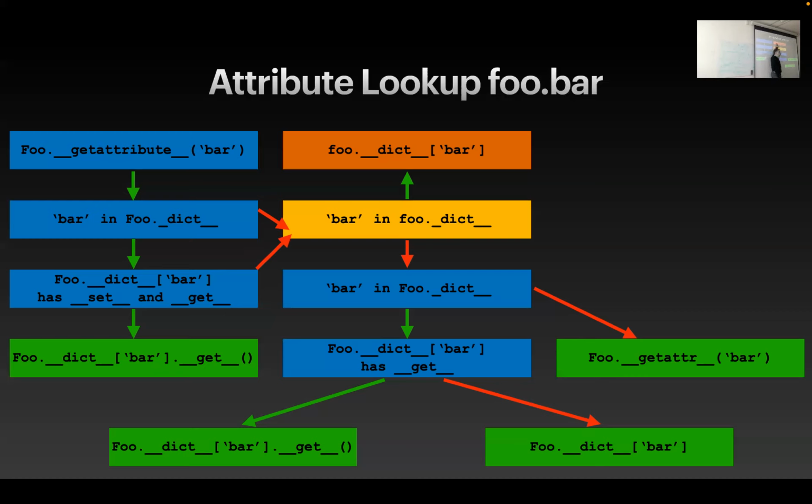This is happening at the instance level. This is happening at the class level. So just to make sure you understand this: the important thing to remember is that these are called data descriptors, the ones that you have set for. Data descriptor is evaluated first. Then the instance dict is checked.